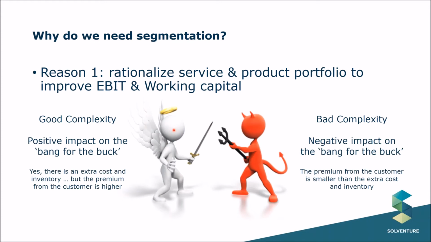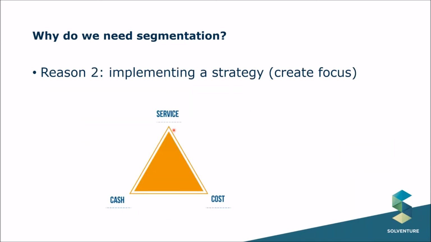Yes, it can have an impact because your revenue might decrease if you decide to not serve that customer anymore. Indeed, your turnover might be reduced, but in the end, it's all about the bang for the buck. So what will be the impact on my profitability, and what will be the impact on my working capital? That's the first reason why we need segmentation.